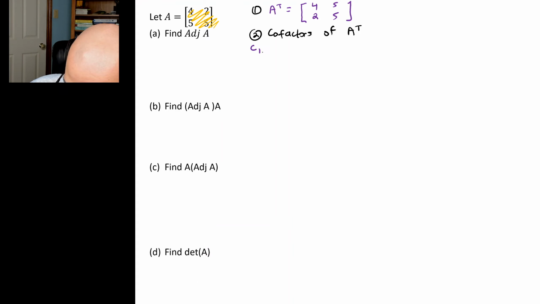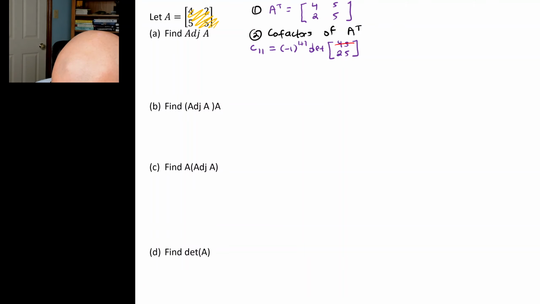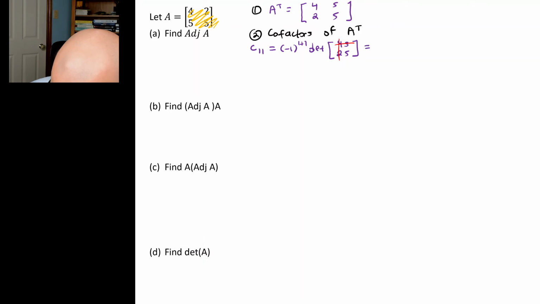So we have C11 is equal to -1 to the power 1 plus 1 times the determinant of 4, 5, 2, 5. We eliminate row 1, column 1. We just have -1 squared times the determinant of 5, which is 5. 1 times 5. So we get 5 from that.